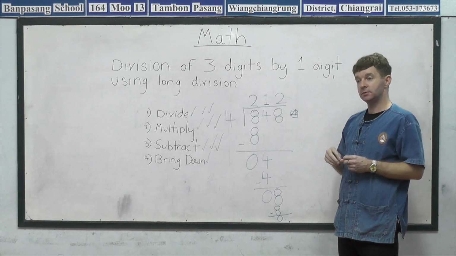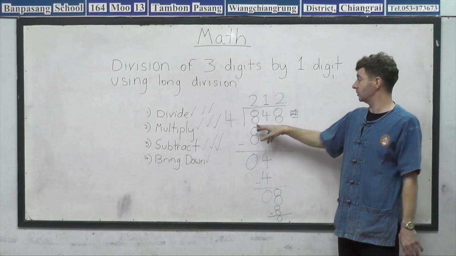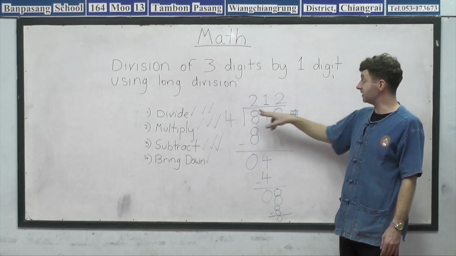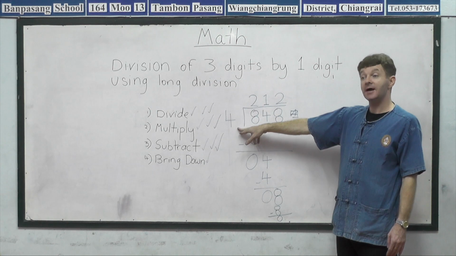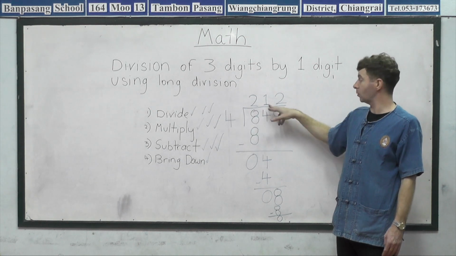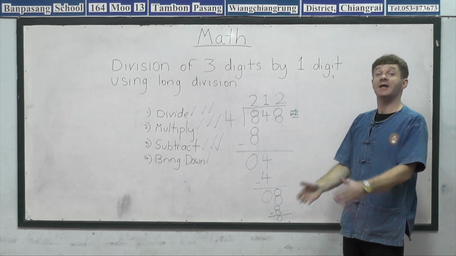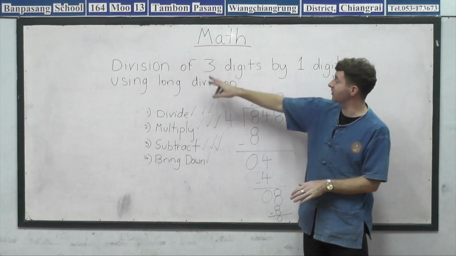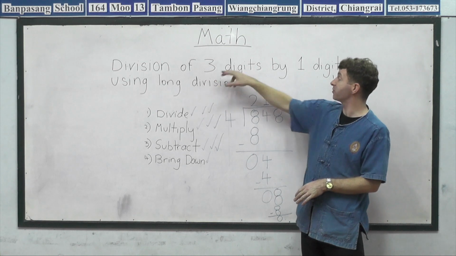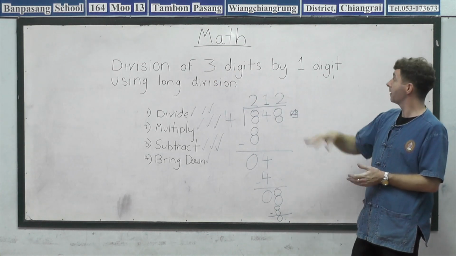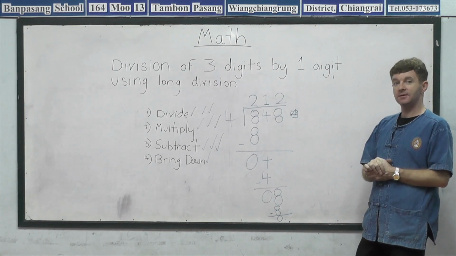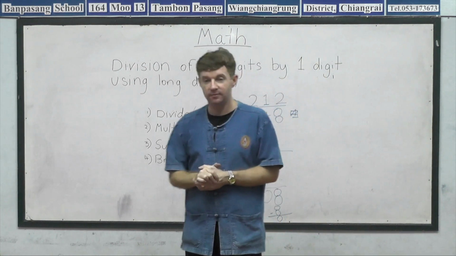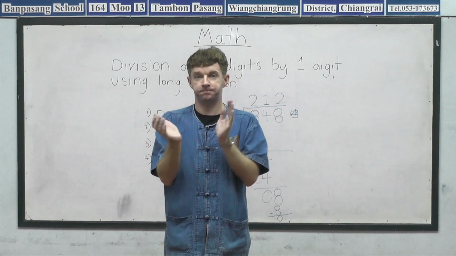So we can say 848 divided by 4 equals 212. And this is how we do division of 3 digits by 1 digit using long division. Excellent, guys. Well done.